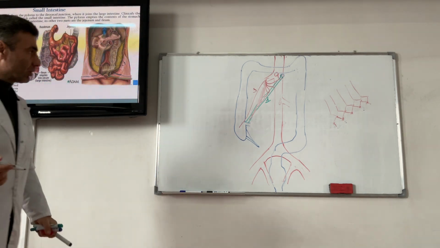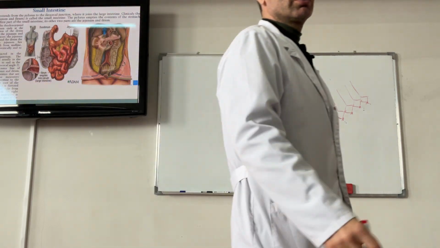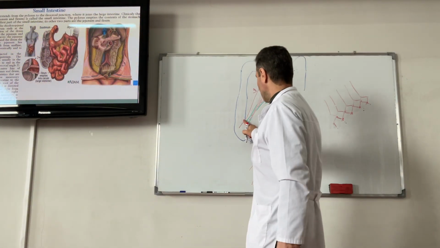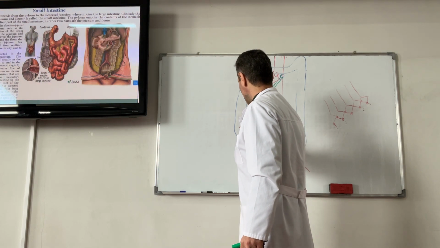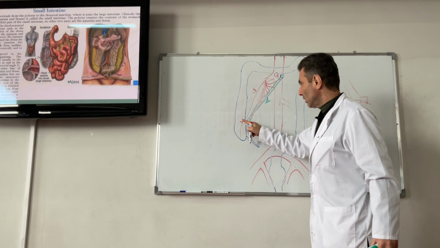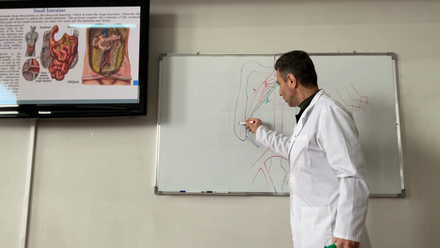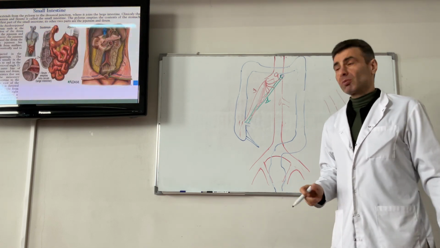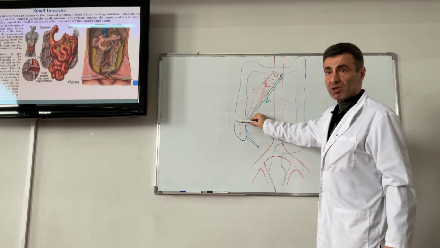Artery number 3, we call the ileocolic artery. And look please here, at the level of the cecum, as you can see, it splits into two terminal branches. One is at the level of the border between the cecum and the colon. By the way, this level is the upper margin of the ileocolic junction.